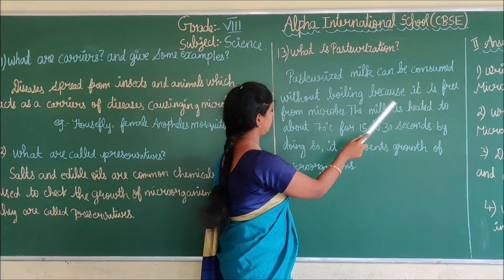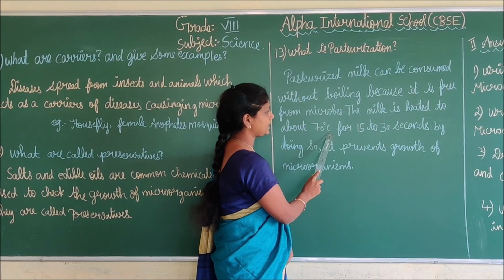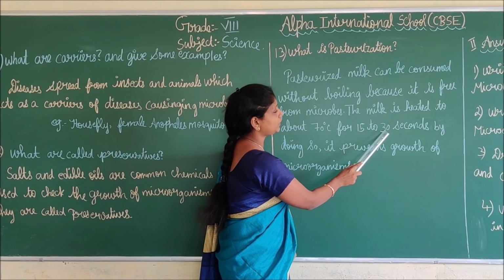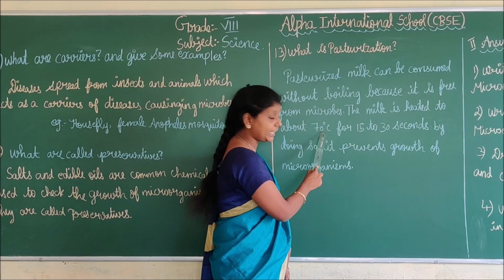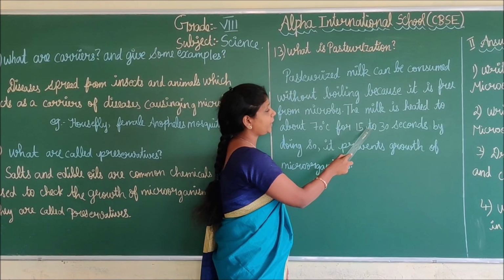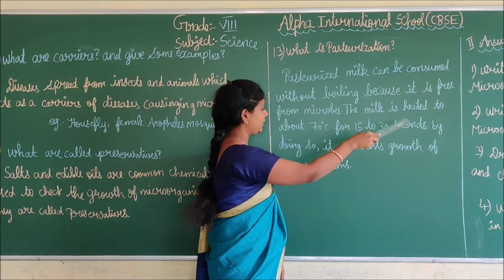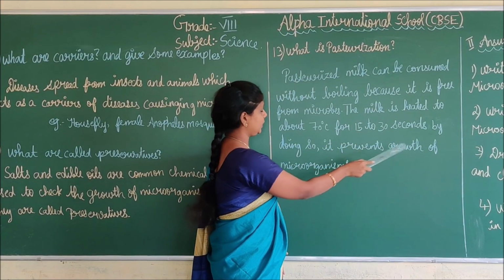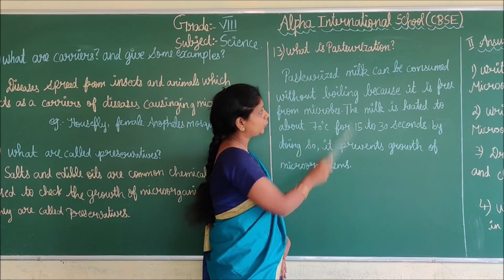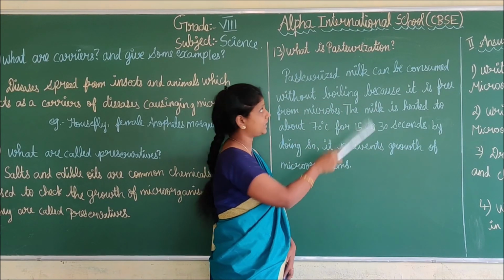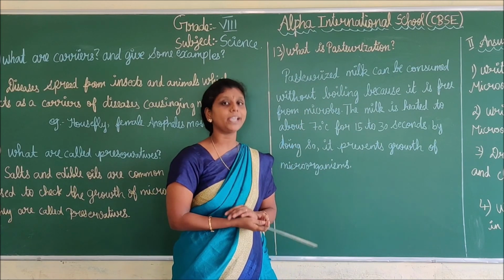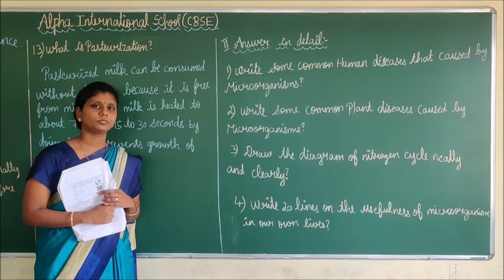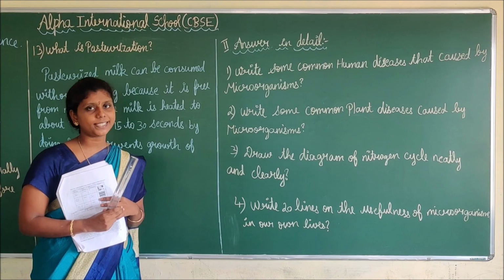The milk is heated to about 70 degrees Celsius for 15 to 30 seconds. By doing so, it prevents the growth of microorganisms. This process is called pasteurization. Pasteurization was discovered by Pasteur. Do you understand the short answers of the lesson?